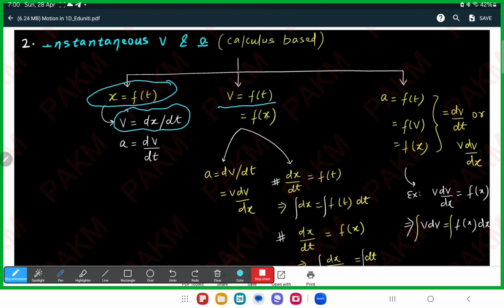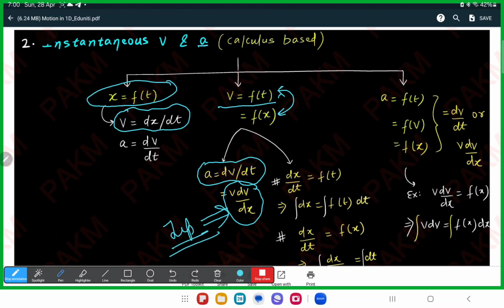Now v as a function of t is given, or x is given. Two cases are possible: v as a function of t, or v as a function of x. The basic formula is a is equal to dv by dt or v dv by dx. This formula is important. Now the reverse part: dx over dt, so once you take dt to the other side, it becomes dx is equal to f into dt.